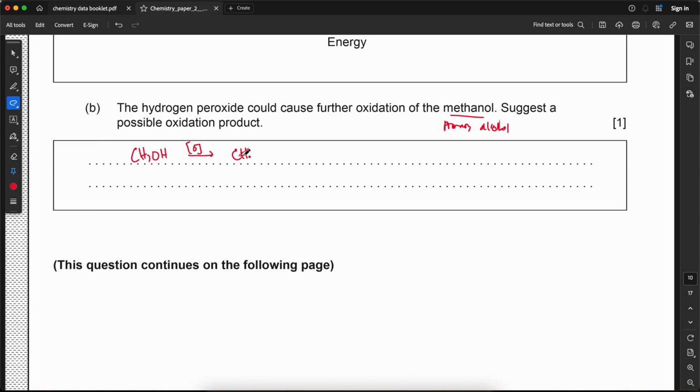That would be CH, C double bond O, H, and then H. This is methanal, and when you oxidize it again, it will produce methanoic acid. In case it's the secondary alcohol, when you oxidize, you will directly produce ketone.